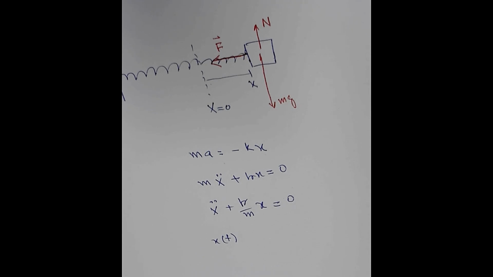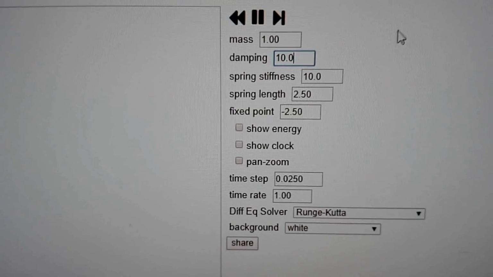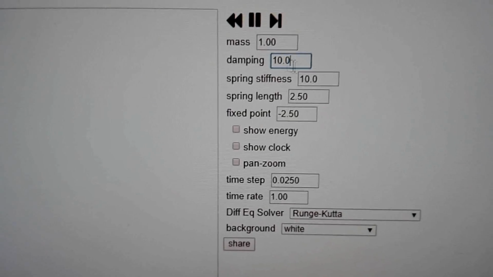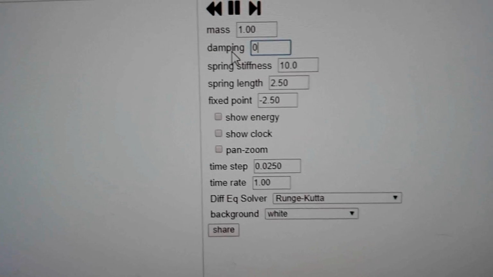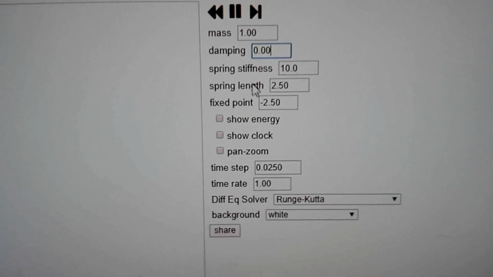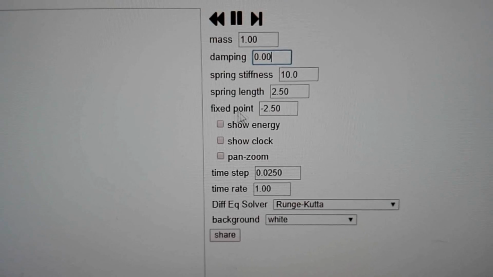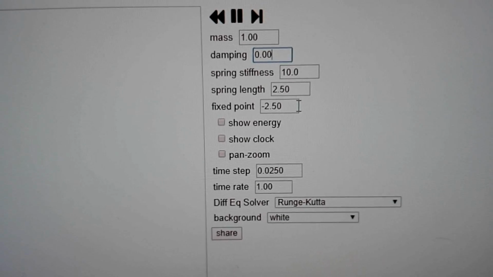So I want to show you one animation, so I think after that you can write the solution of this equation. So in this animation the mass is 1, damping at this stage we want to put 0, and the spring stiffness is 10, spring length is 2.5, and fixed point is minus 2.5.